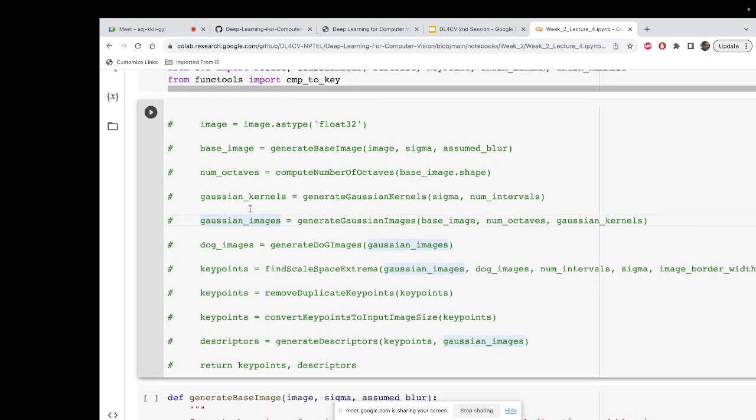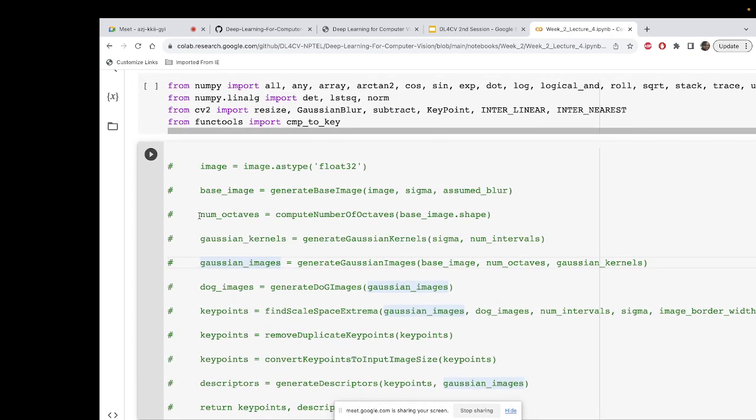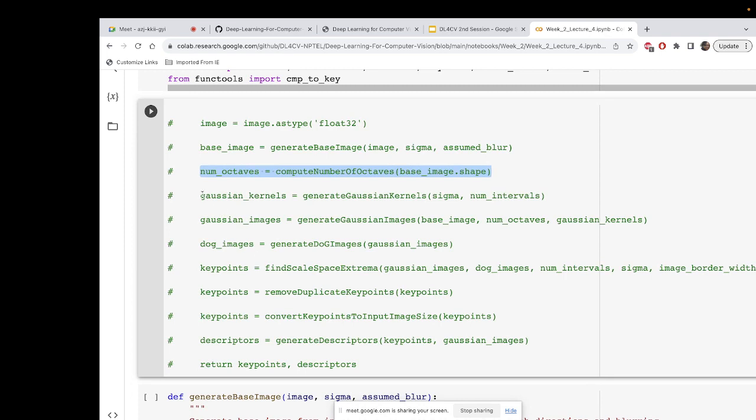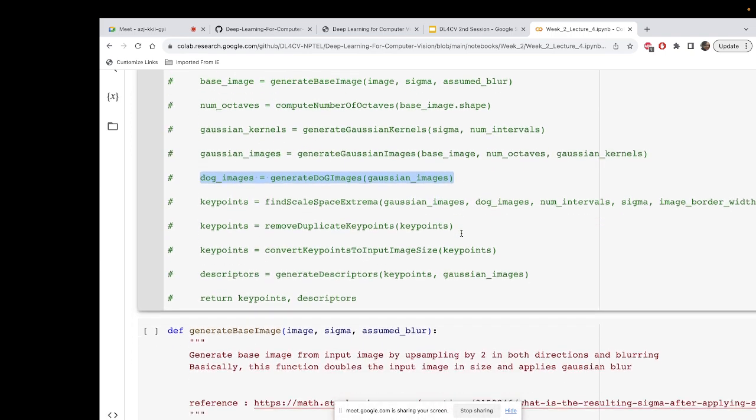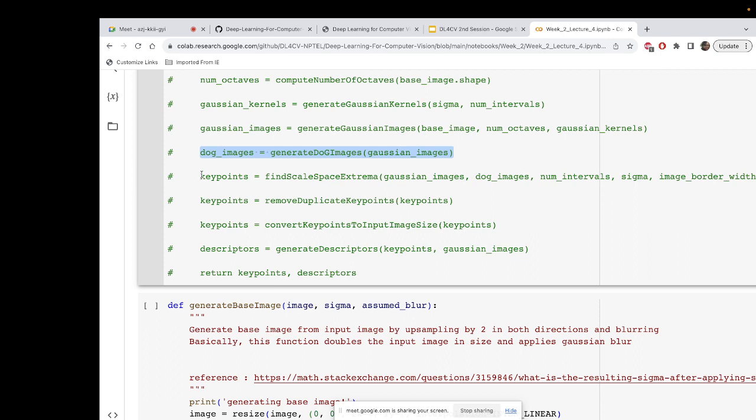So there are multiple parts to it. Here you can see the number of octaves is one function. Generating Gaussian kernels is another function. We have to generate Gaussian kernels because we want to calculate the scale space, which is basically the image convolved with Gaussians. Then generate Gaussian images and DOG images. DOG is the space where we are calculating the key points.